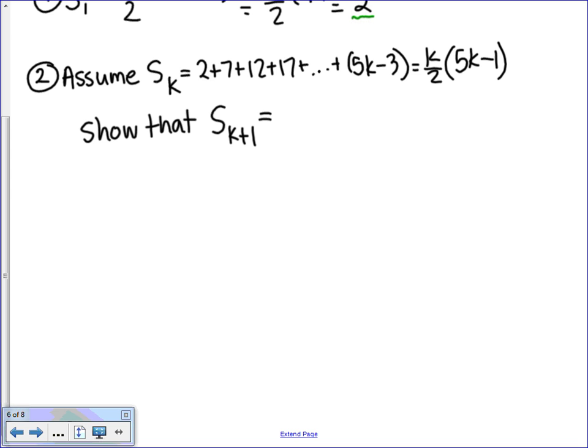So I would say we would have k plus 1 over 2 times, and if I do a little bit of work right here, 5 times k plus 1 minus 1, that's 5k plus 5 minus 1. So I would say times 5k plus 4. So I do the little bit of algebra.